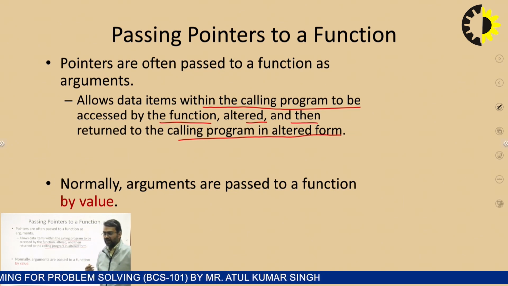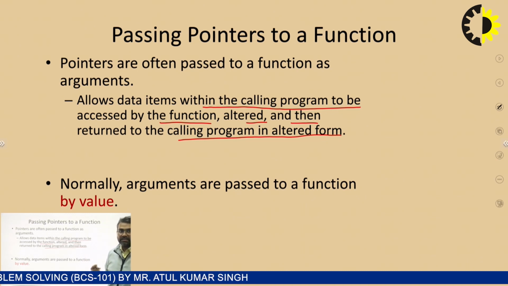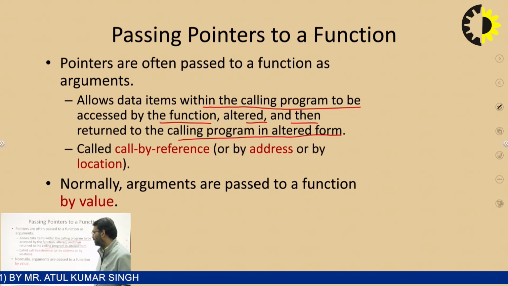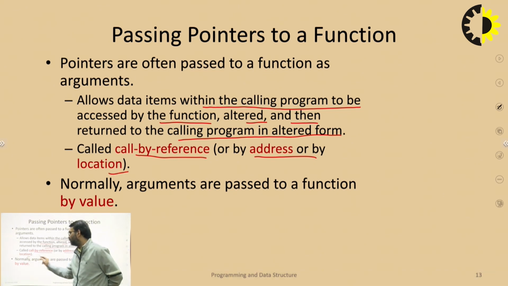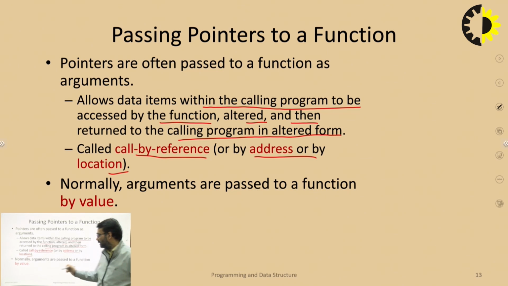It means whatever changes we have made at a particular location are reflected in the calling function. This is called call by reference, call by address, or call by location. Whatever changes we have made will show in the output.